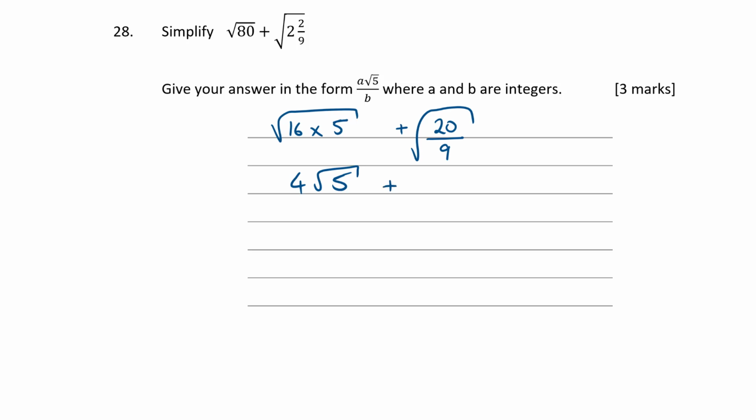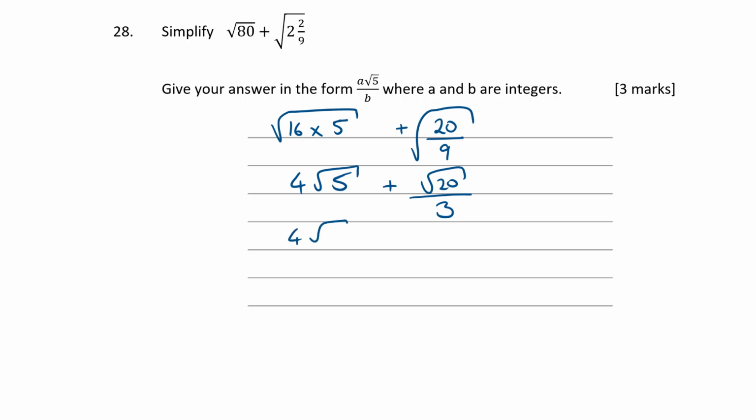And on the other side, I can split that up into two roots. I can say that is the root of 20 divided by the root of 9. The root of 9 is 3, isn't it? So I've got root 20 over 3. Is that helping me? Okay, now 20 I can make to be 4 times 5, can't I?